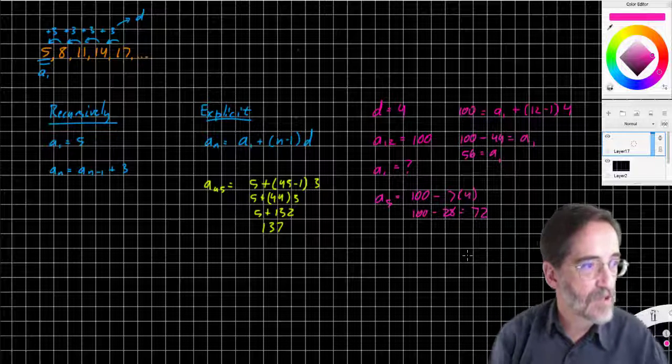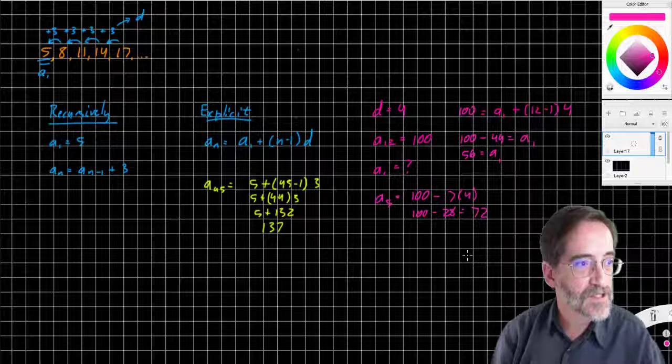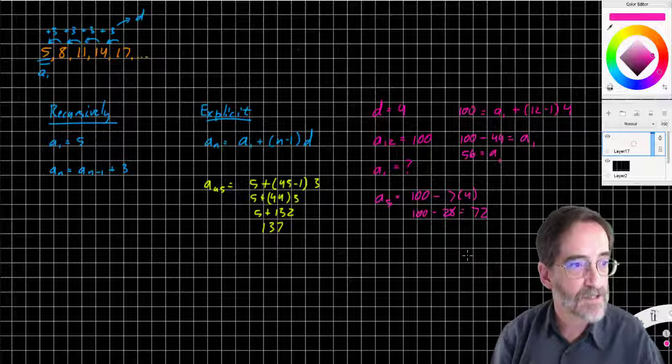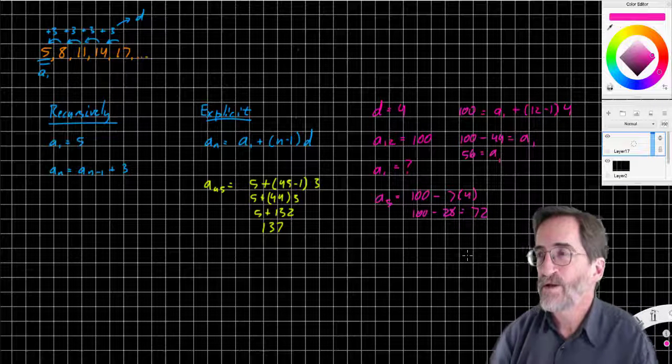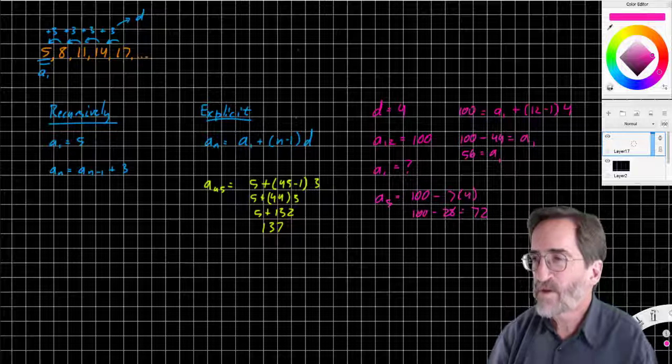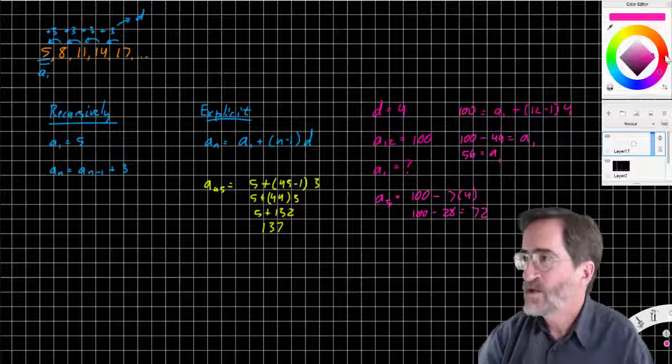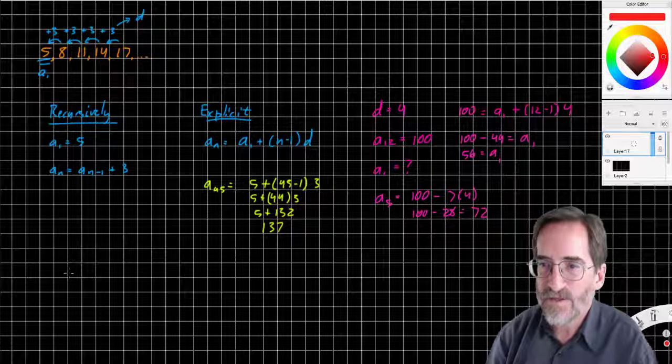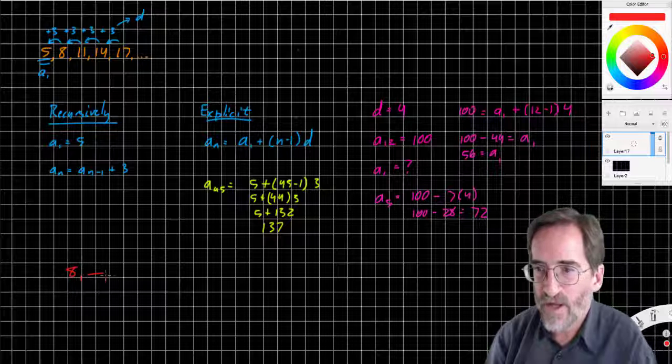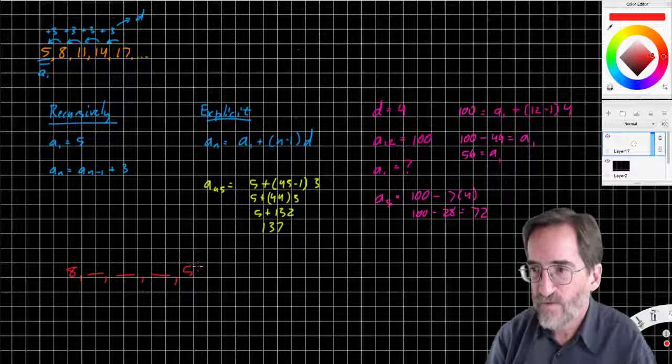Another thing we're going to need to be able to do is determine the missing terms of an arithmetic sequence using the arithmetic mean. So let's say, for example, I have these terms. I've got 8, blank, blank, blank, 52.